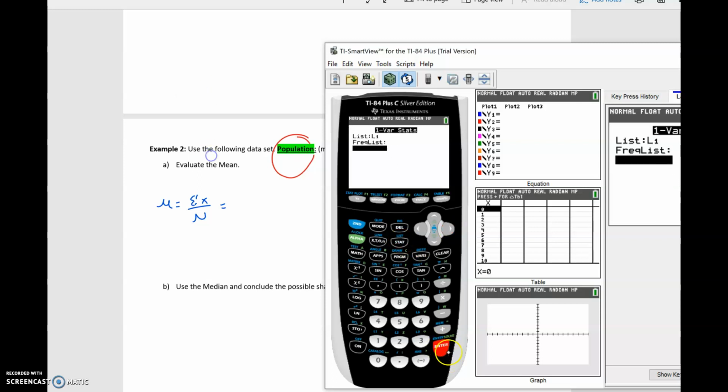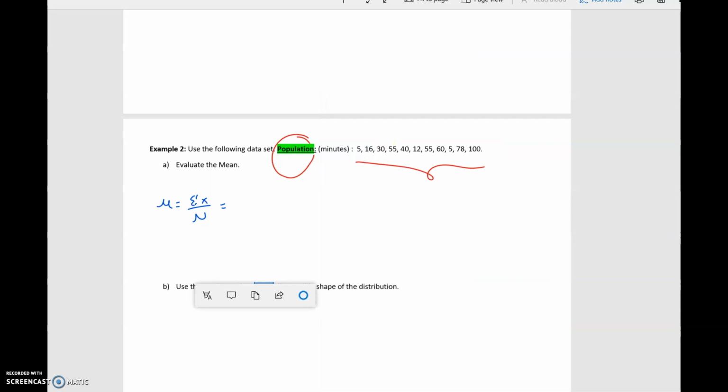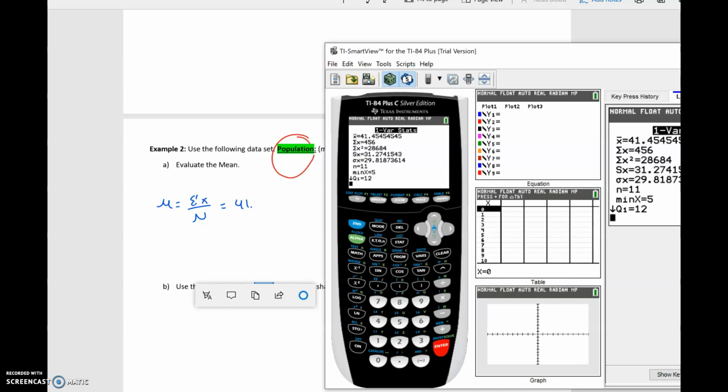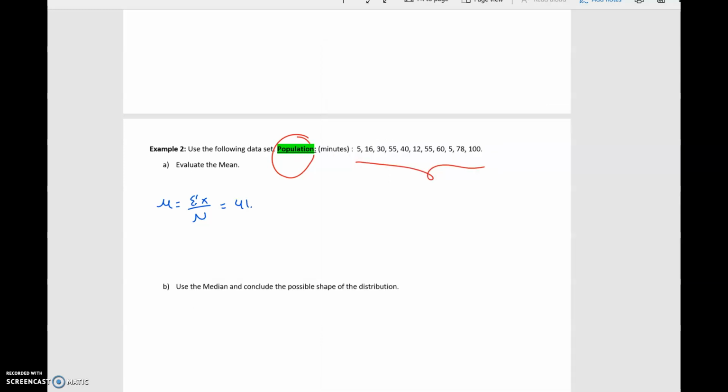And what you're going to find is that the actual value of the mean, and this is only for raw data, happens to be the same as x bar. So in this case, we would say that that's 41 point, and this one is 45.